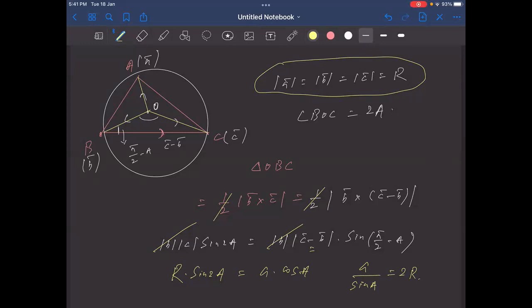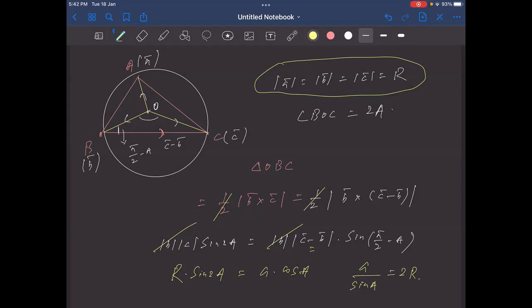Are we getting a by sin A is equal to R? Is it clear? Yes, sir. So since we have got a by sin A is equal to R, we can have b by sin B and c by sin C, both equal to R. Clear?